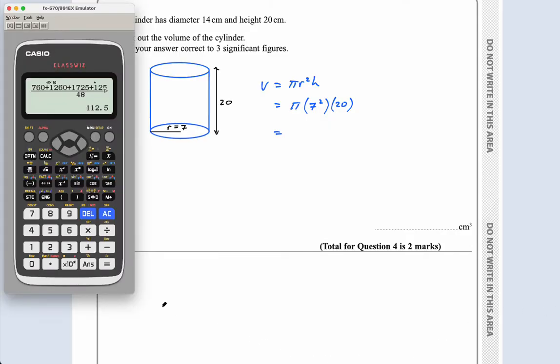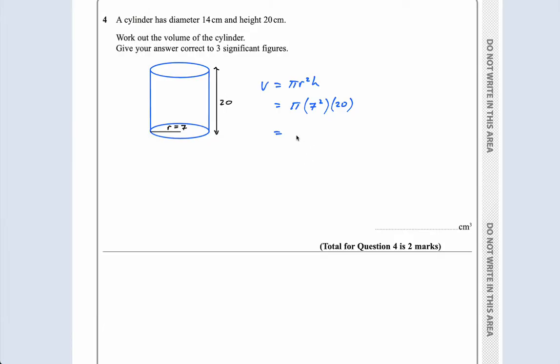It is pi times 7 squared times 20. I get this. Press this, I get 3078.76.